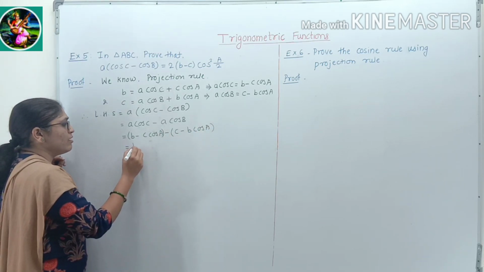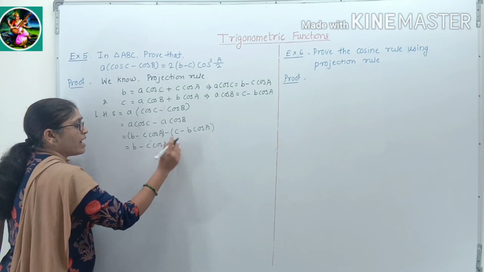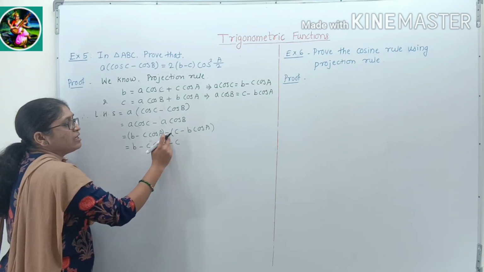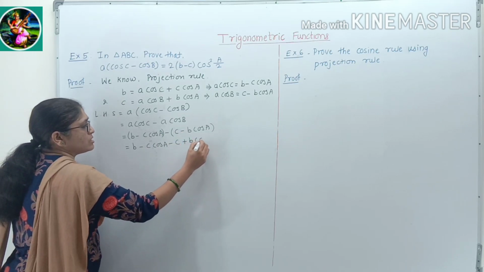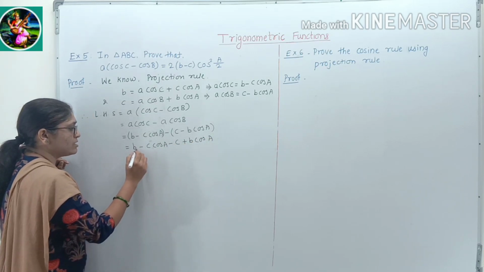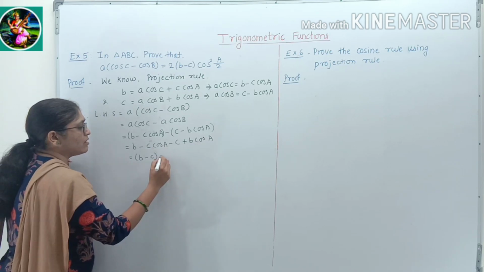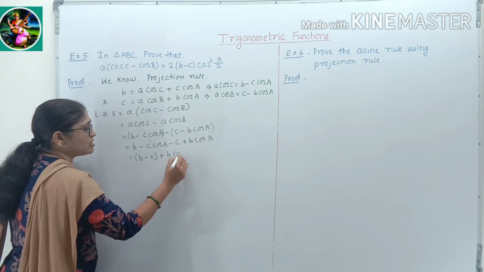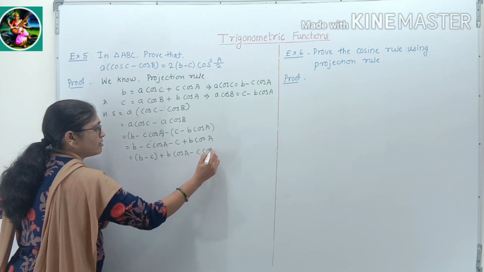Here we get b − c cos A − c, and because of this minus sign, the sign changes, plus b cos A. We take b − c in one bracket, and the remaining terms, that is plus b cos A minus c cos A.